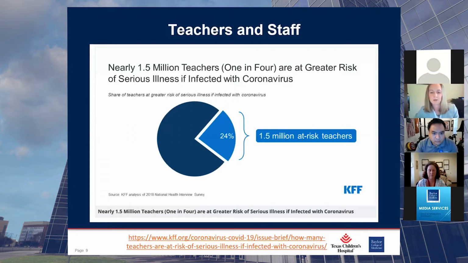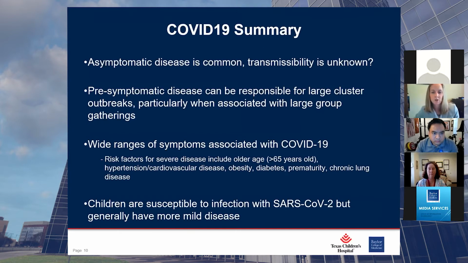So in summary of COVID in general, what we know is that asymptomatic disease is common, but the transmissibility is unknown, and it's particularly common in children. Pre-symptomatic disease is a major threat. It's responsible for large clusters of outbreaks, particularly with large group gatherings, and needs to be considered in terms of transmission mitigation.